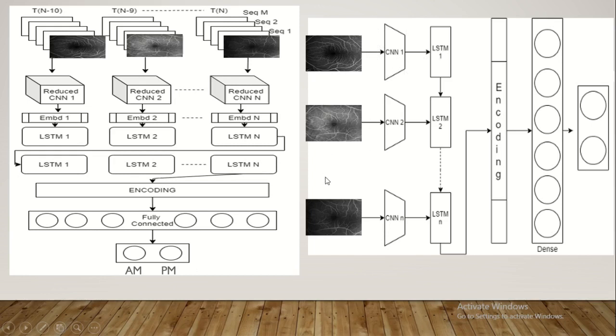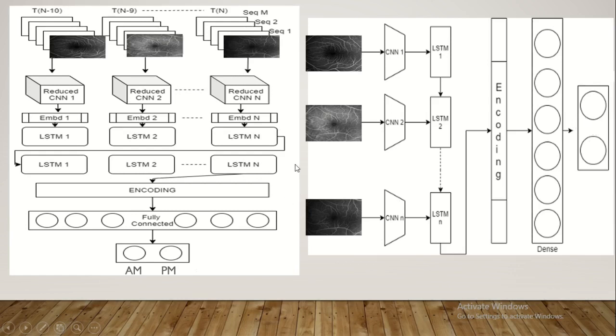The other images also pass through the CNN one by one, and we get their features in the LSTM part. After the LSTM it passes for encoding, and then we have the final fully connected dense network, which is used for classification of whether the image is AM or PM.